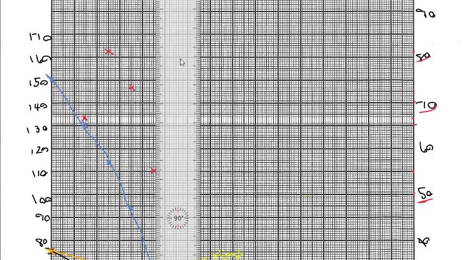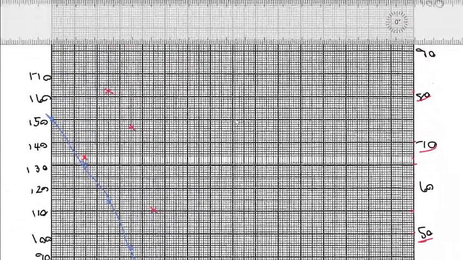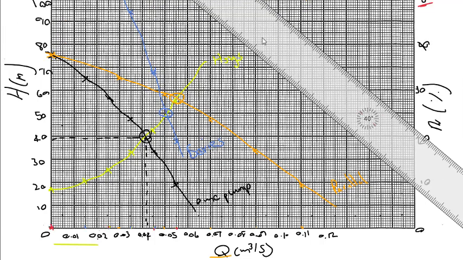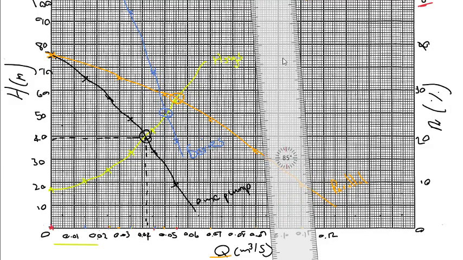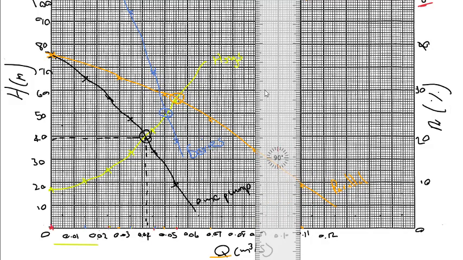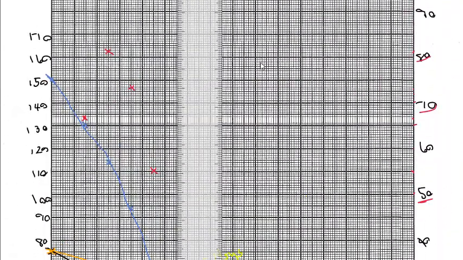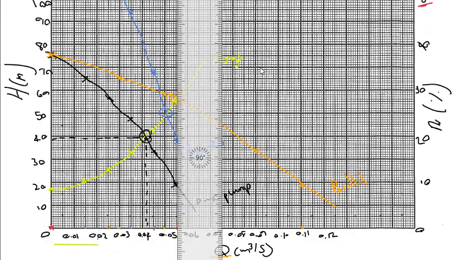Let's turn on our ruler again. The next one is going to be the 0.05. Let's just turn our ruler to 90. And let's go to our last plot point. Make sure it's 0.055. It's here.